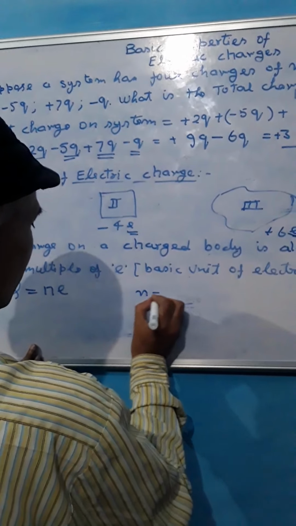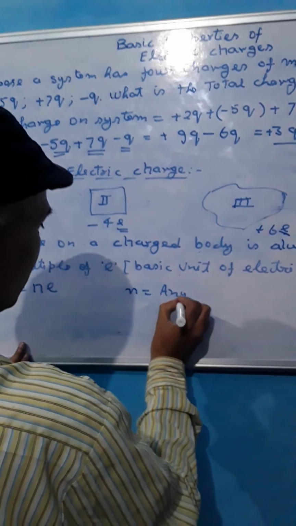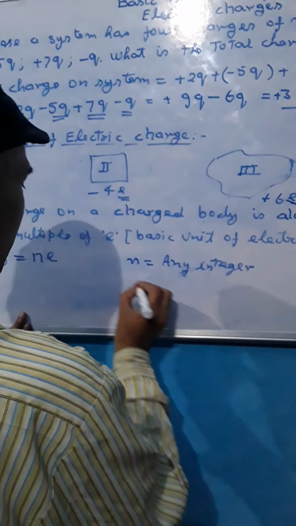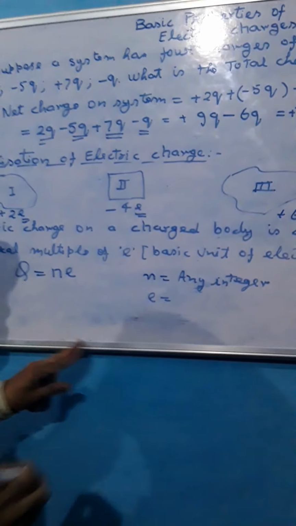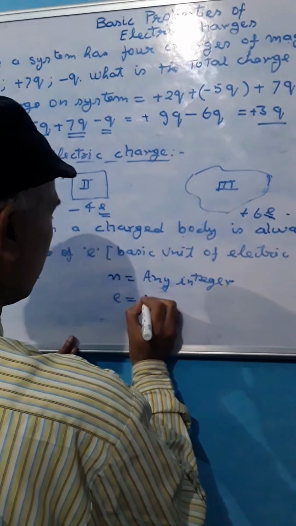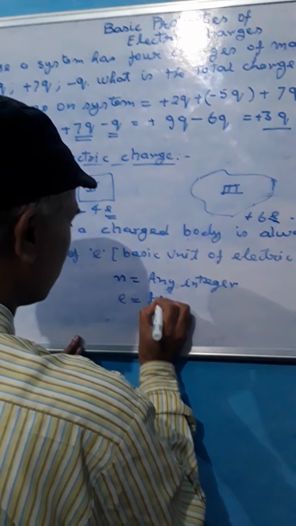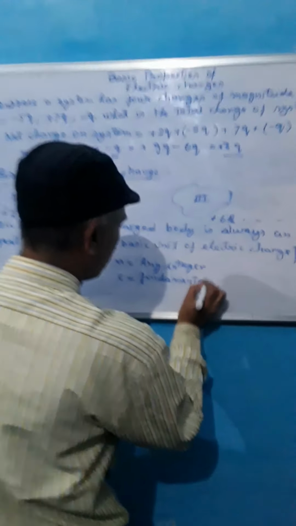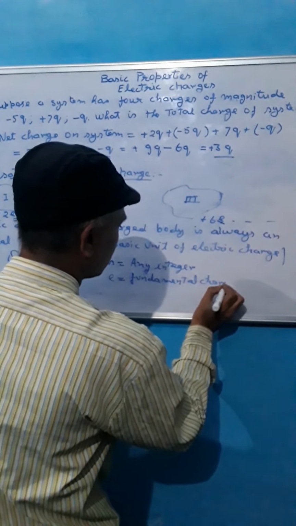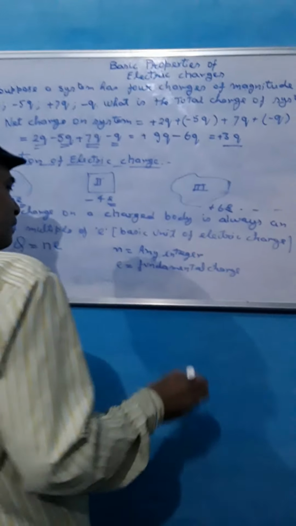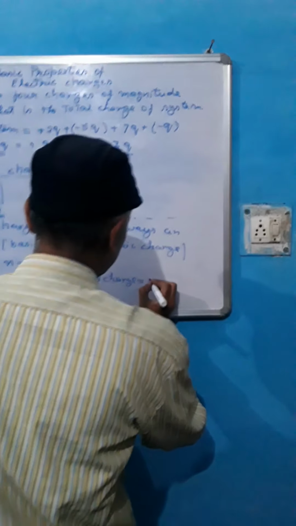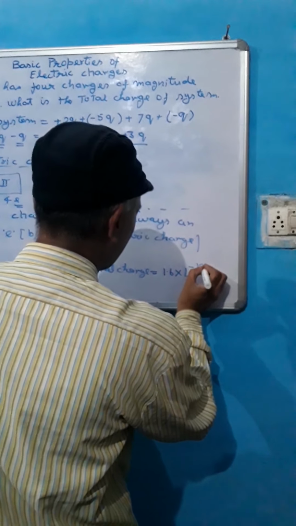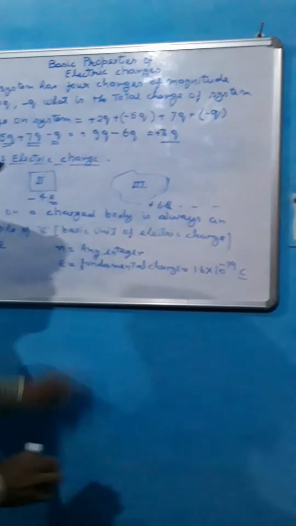Here, what is n? This is any integer. And e is the basic unit of charge or the fundamental charge. And you know that the fundamental charge is equal to the charge on an electron, and you have to write down its value is 1.6 into 10 to the power minus 19 coulomb.